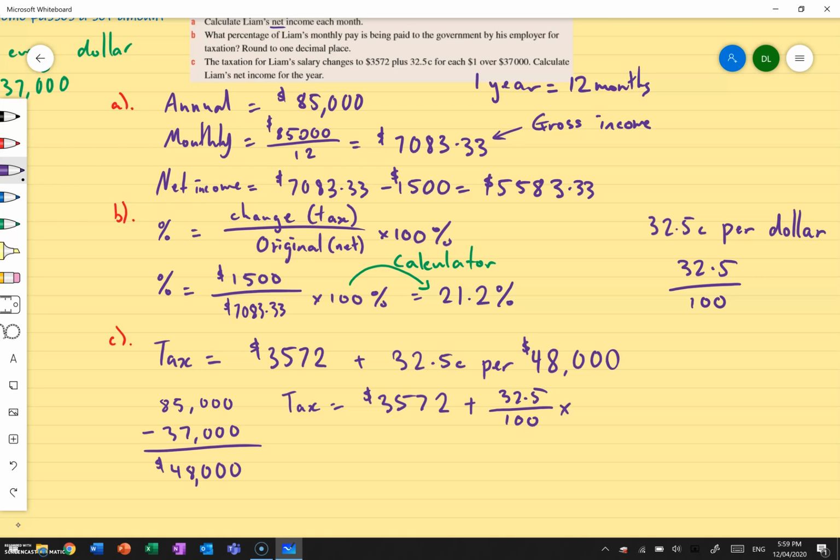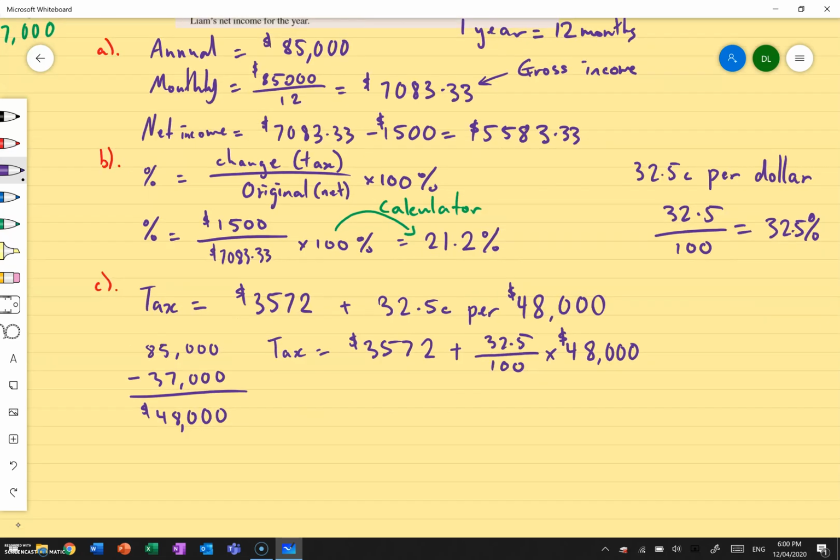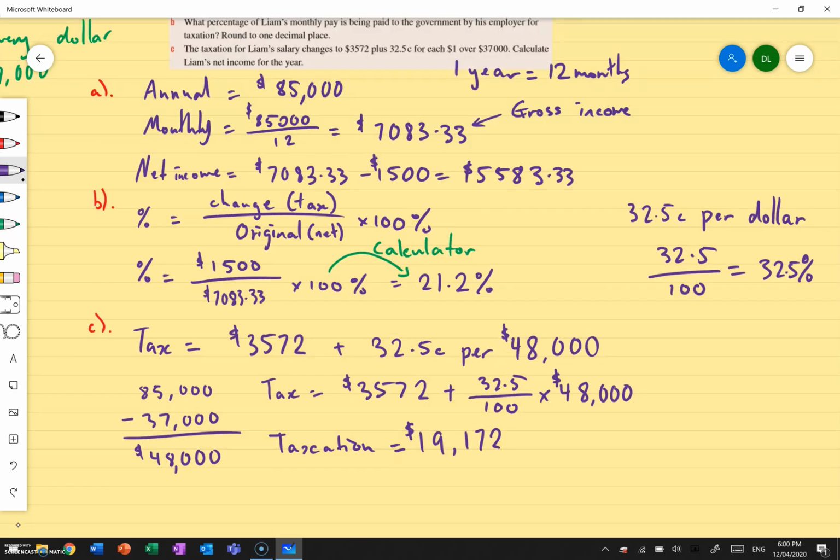And we multiply it by 48,000 dollars. We could instead write 32.5%. That's the same thing. All right, let's calculate that. You use the calculator and your taxation becomes $19,172. So that's the tax.